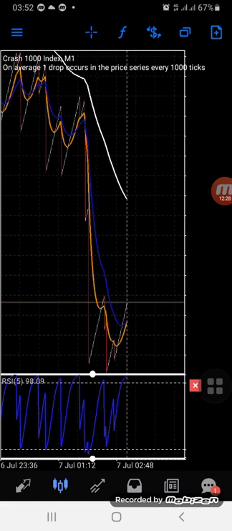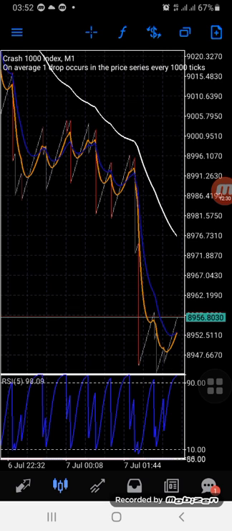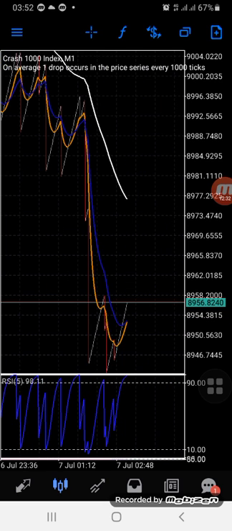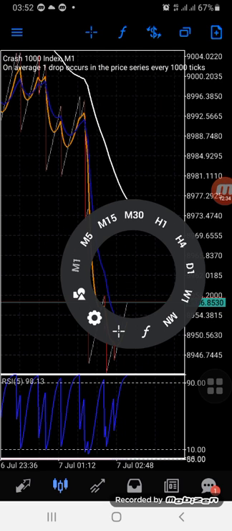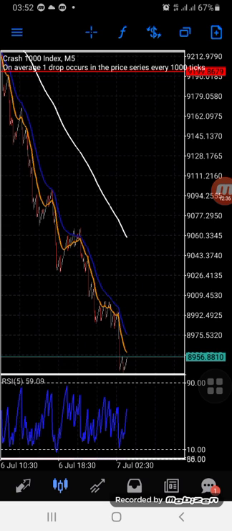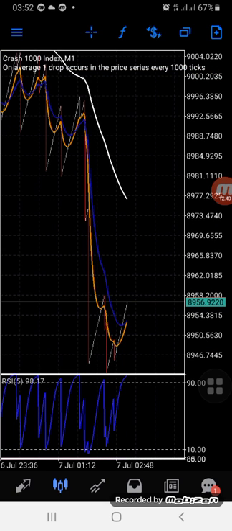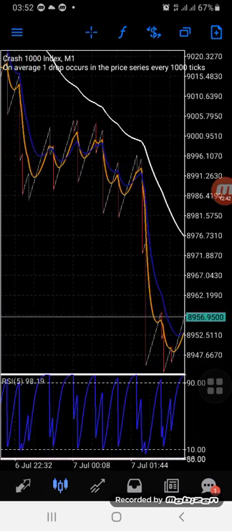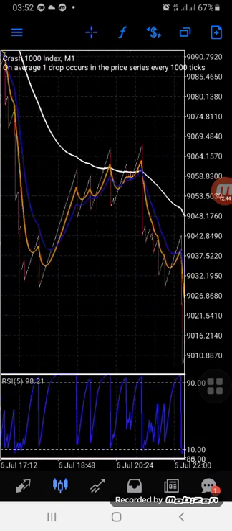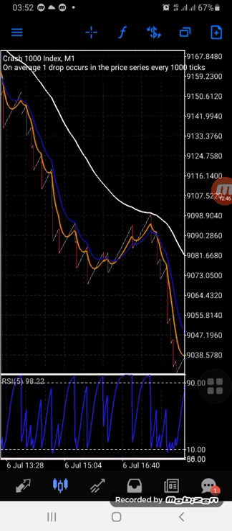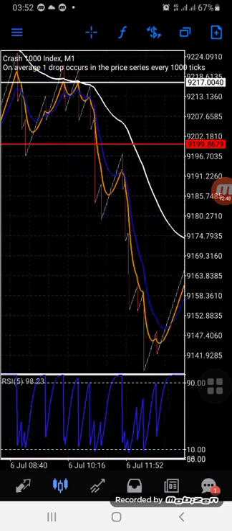So you see that if you want to scalp with this setup, you can go back to the 5-minute time frame or 1-minute time frame to scalp with it. But this will not work well for you, because it will give you some fake signals which you may not like.